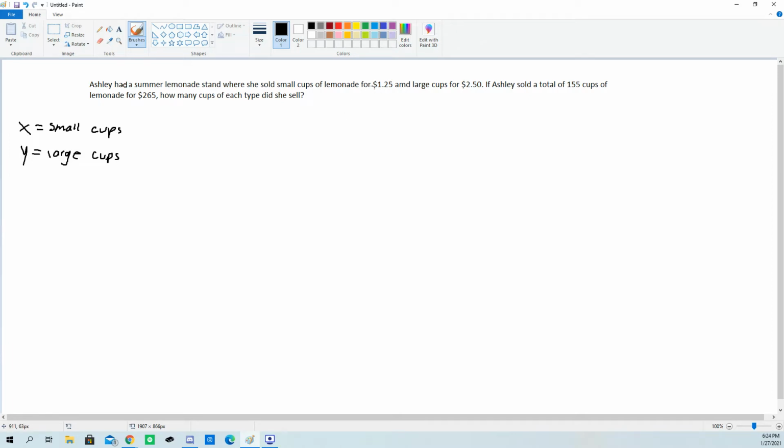So she sold the small cups for $1.25 and the large cups for $2.50, and that in total got $265. That means that we can multiply $1.25 times the number of small cups, because that's how much the small cups cost, and add it to the price times our large cups. And that'll give us our total, the total amount for the cups sold, $265.